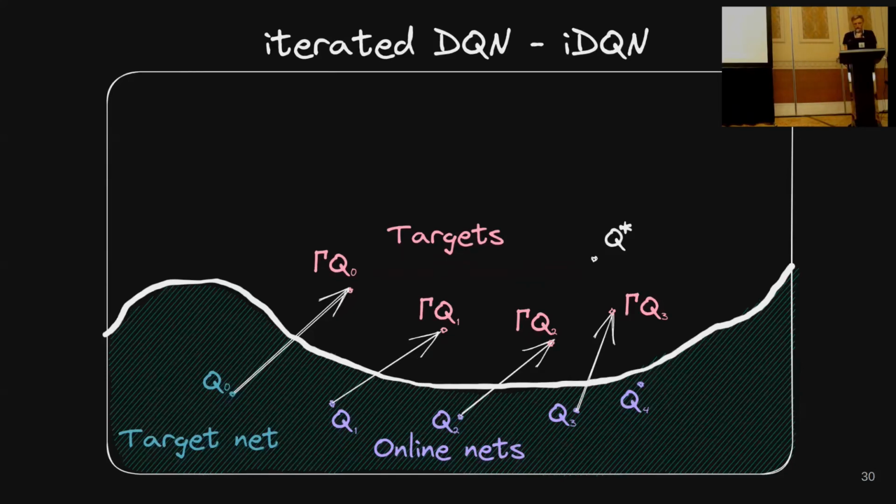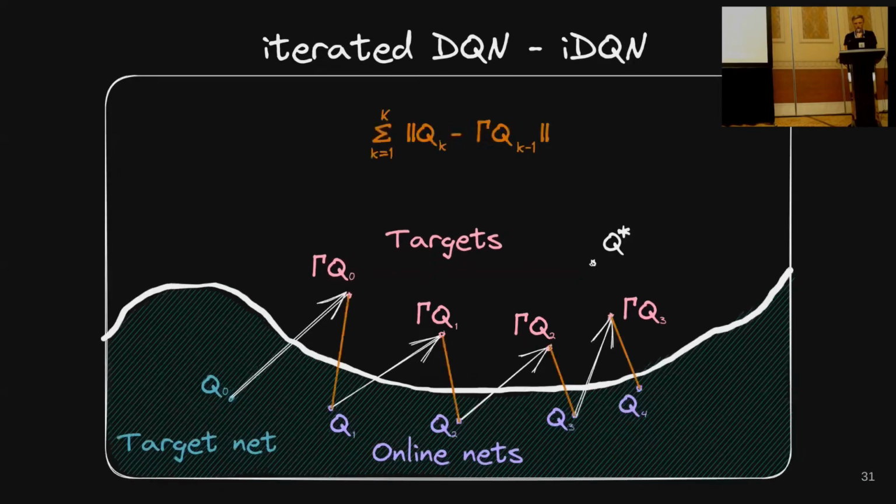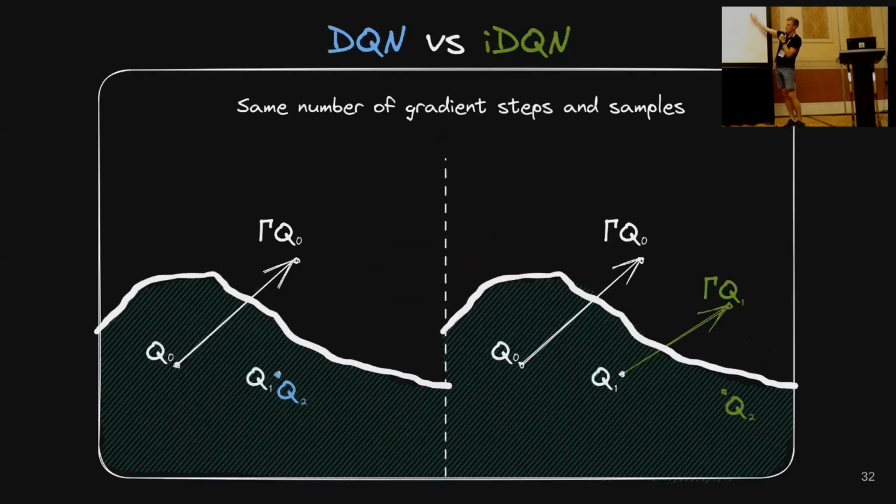And what we can show actually is that by optimizing this kind of error, we can improve the performance. So just summarizing in one picture, if we use iterated DQN, it of course can be applied with different numbers of iterations.